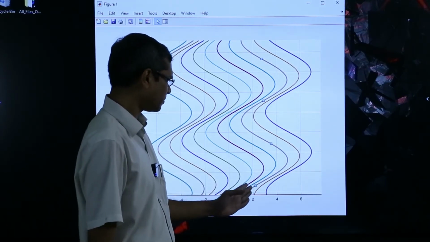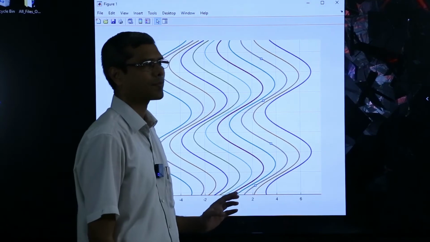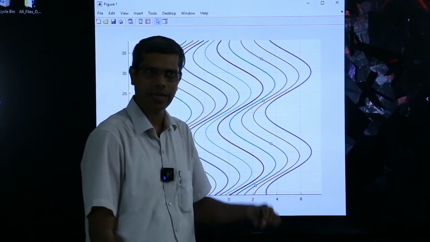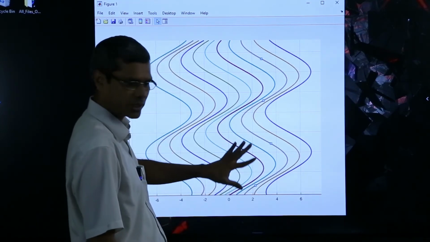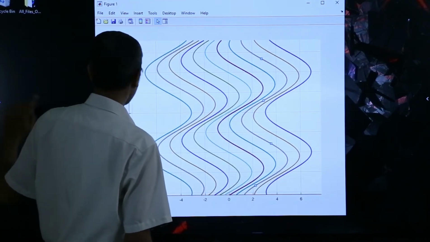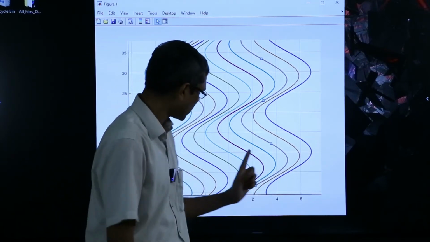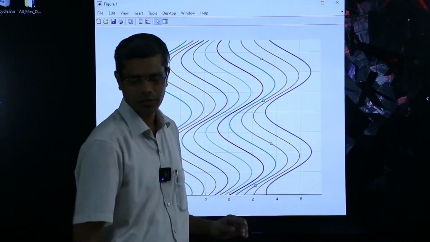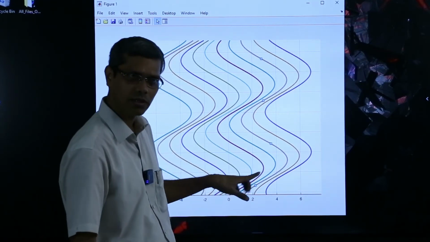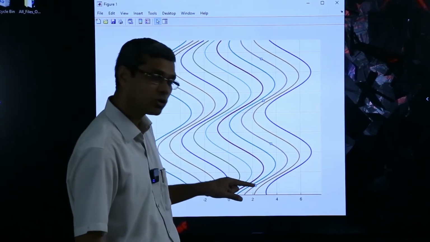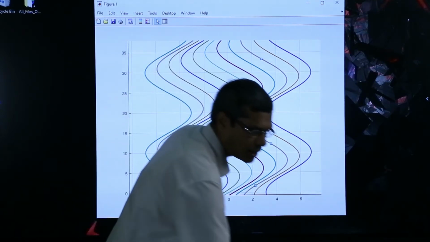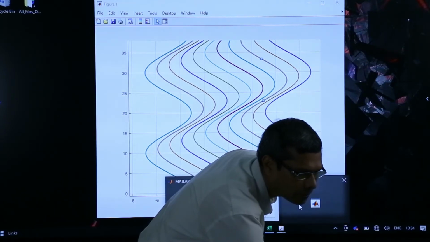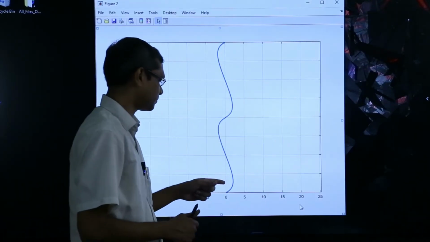So this is the meaning of what you should call velocity and acceleration from the picture. Now suppose you want to plot the displacement. The way we now define displacement is clear, right? If you draw that displacement, you will see a curve like this.